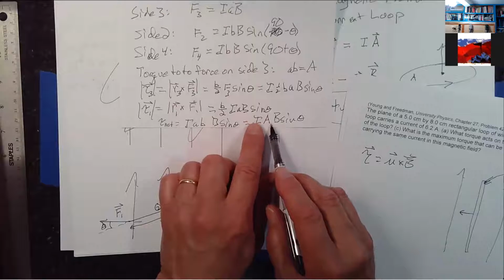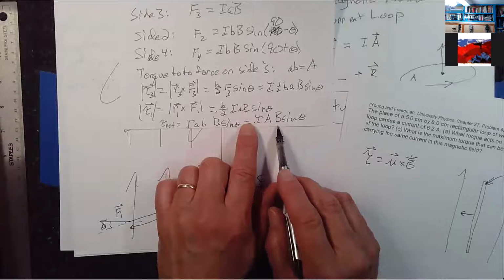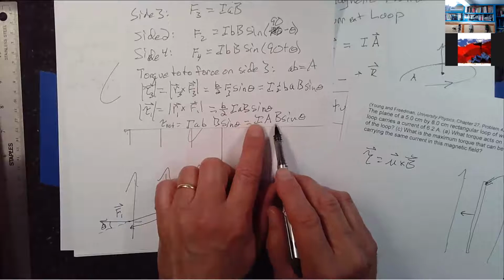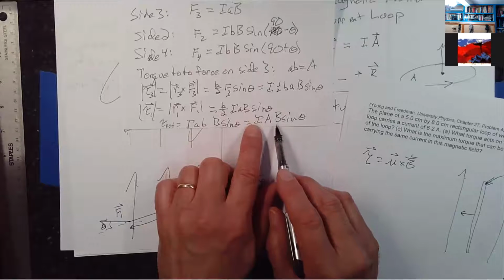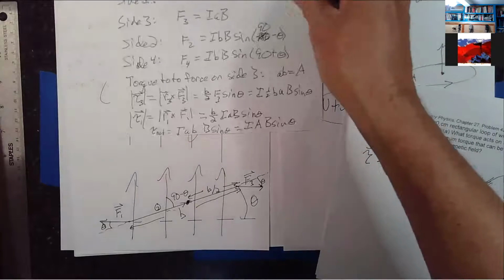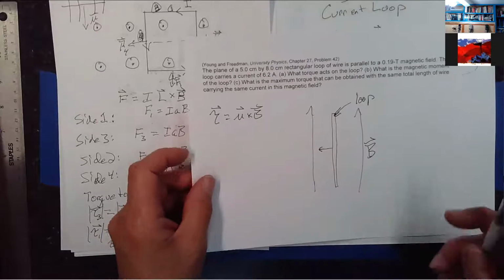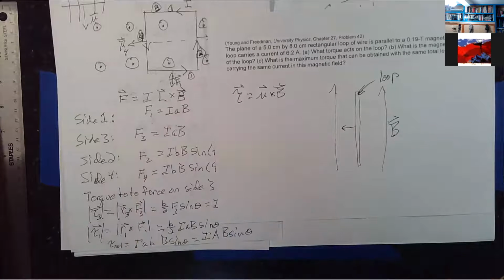This would be mu B sine theta, which is exactly what we have for the magnitude of a cross product. And the net torque ends up being mu cross B. And I forgot to bring that up. So read the section in the book about this. They probably go through something pretty much like the example I did.